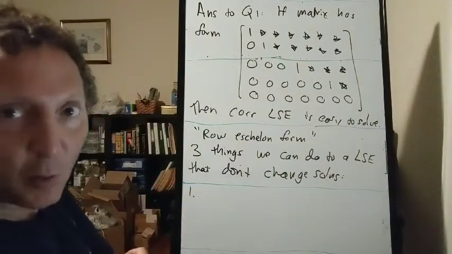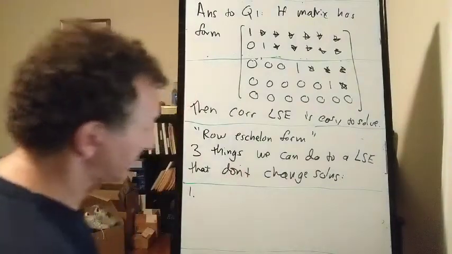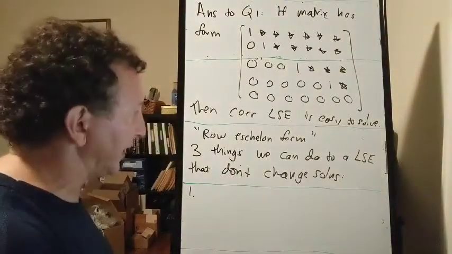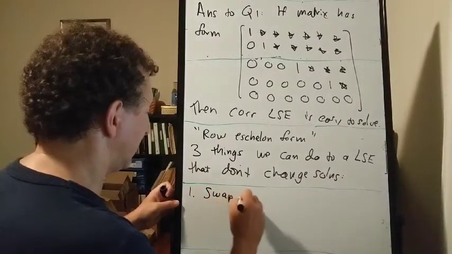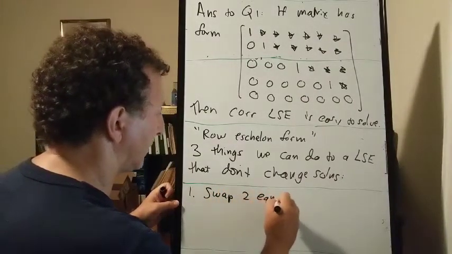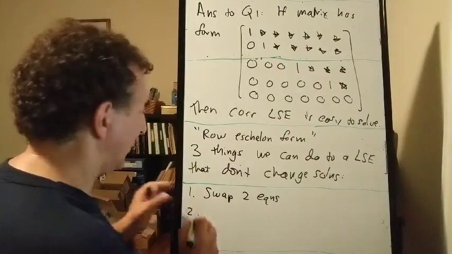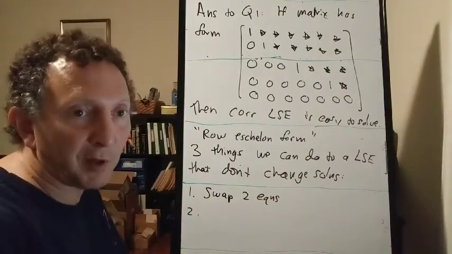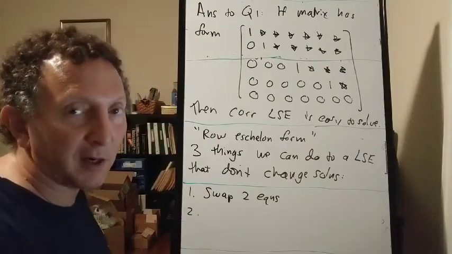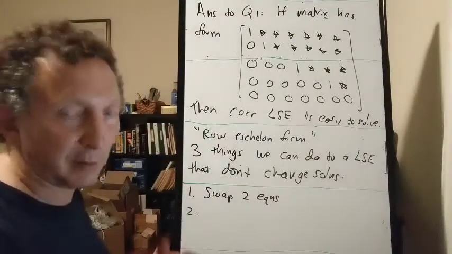One is we can change the order of the equations. In particular, we can swap two equations. Second thing we can do is we can multiply any equation by a constant. If we multiply both sides of an equation by a constant, then the equation has the same solutions as before.